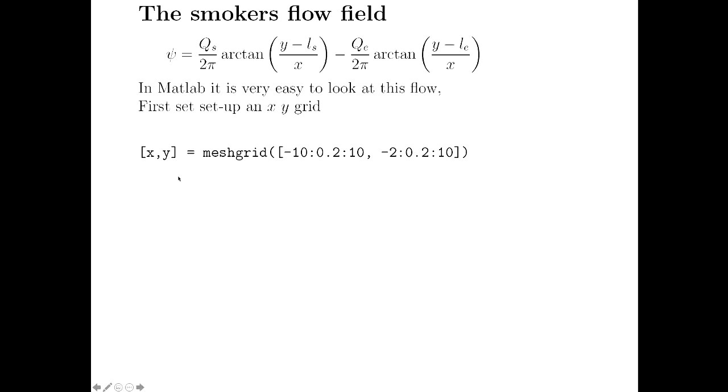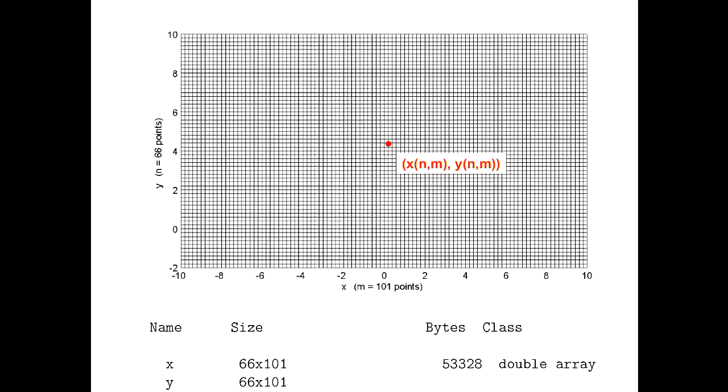This will generate a 2D matrix for x and y, and it will look something like this. So x and y are my 2D matrices, both have the same size. x contains the location of the x points, and y contains the location of the y coordinates.